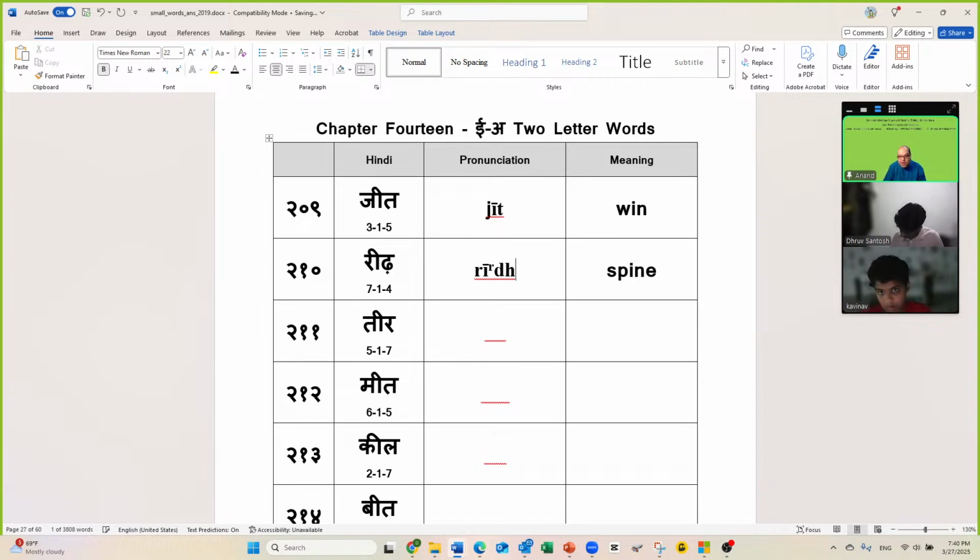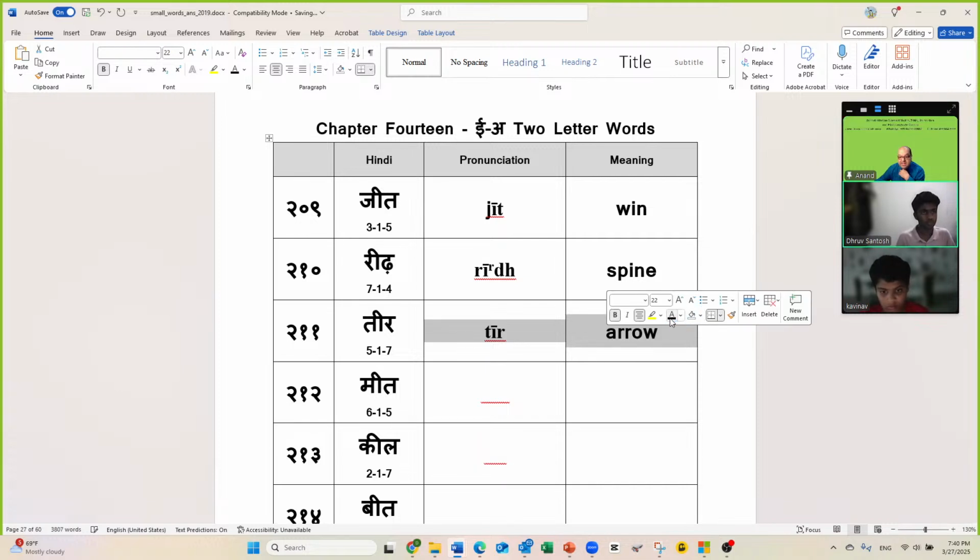I thought this would be a good example of a closest English word. Okay, Dhruv, give me the next word. Teer. Say teer. Teer is arrow.